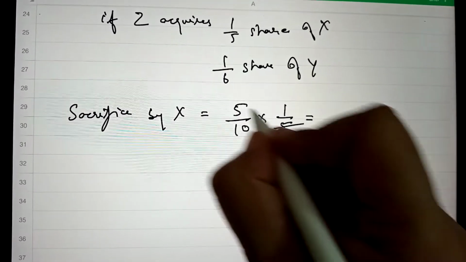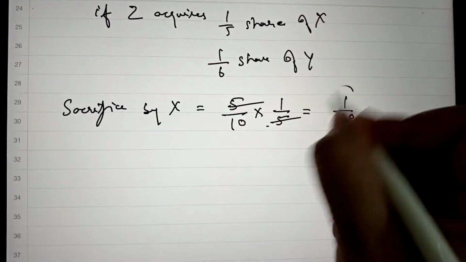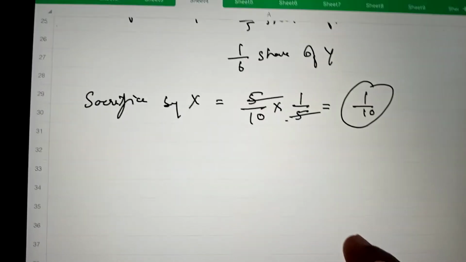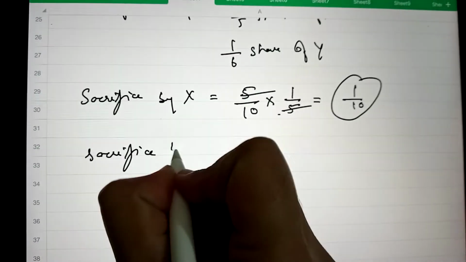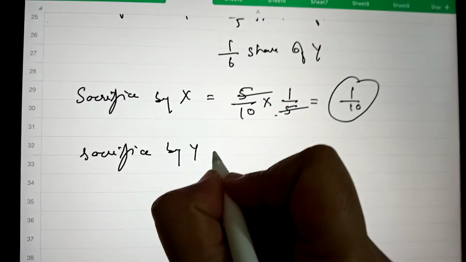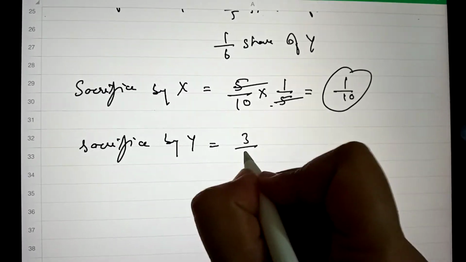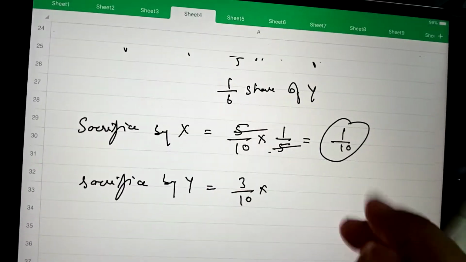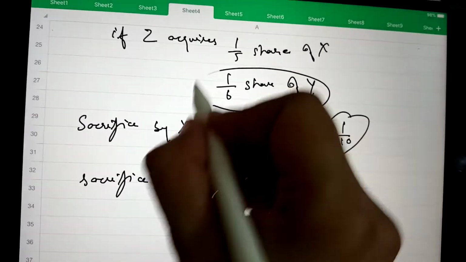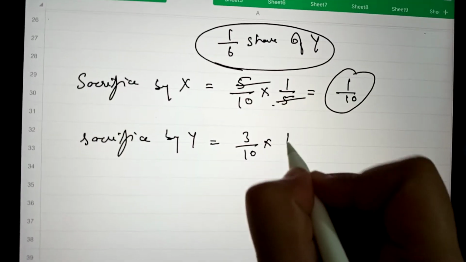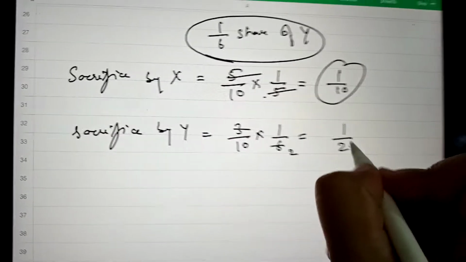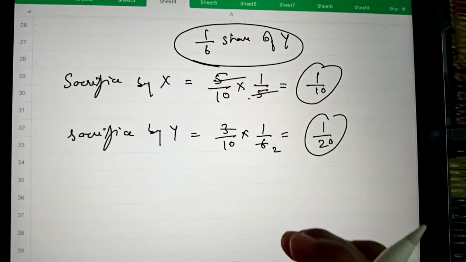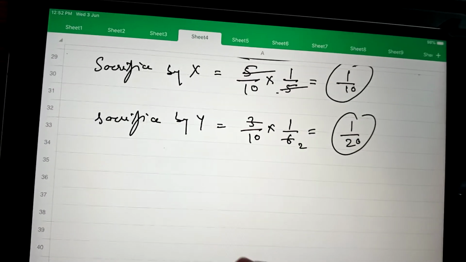So here his sacrifice is 1/10, and sacrifice by Y is equal to his share multiplied by sacrifice made by him, which is given 1/6. So 1/20 is the sacrifice made by Y.